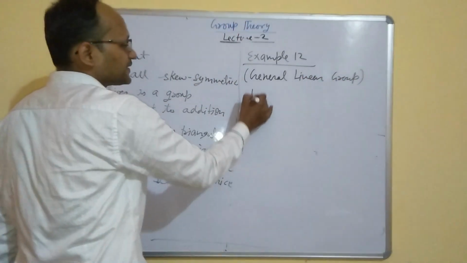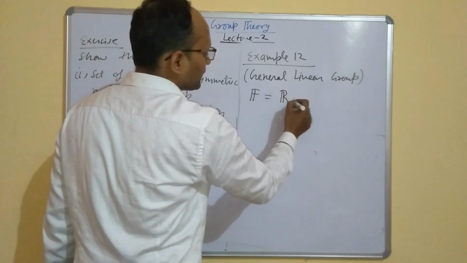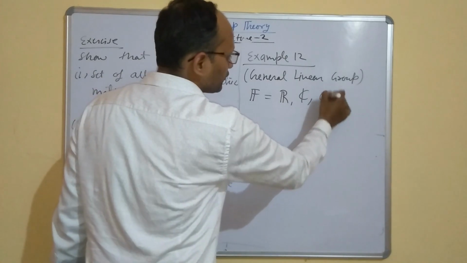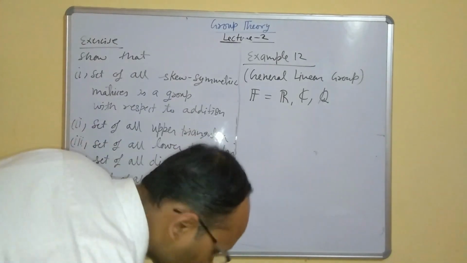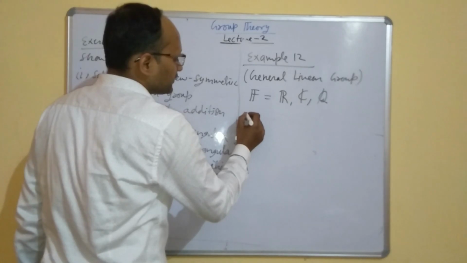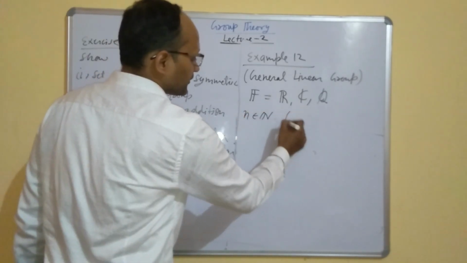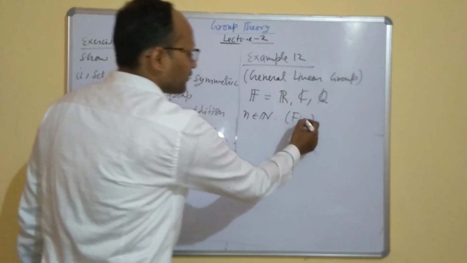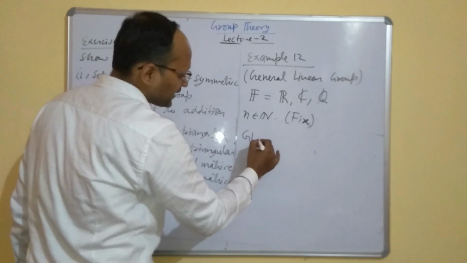So again, fix a field F. That field for you can be R, C or Q, anything. Or if you know more fields, then you can add the field you want. And then define a set. So first fix an n in N. Let me fix it, and for this n, let me define a set GL_n(F).